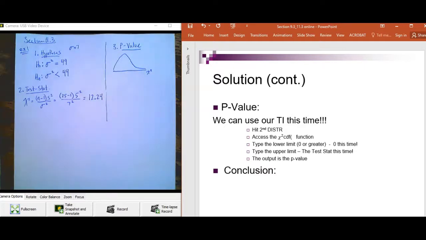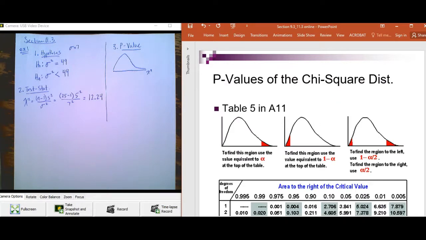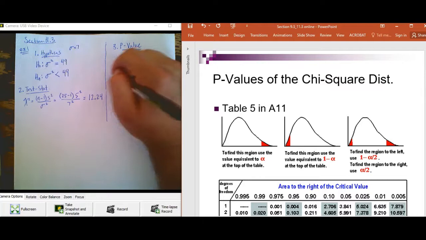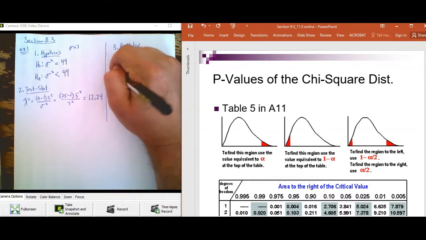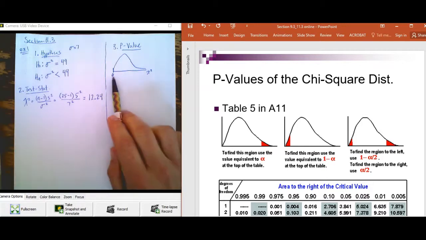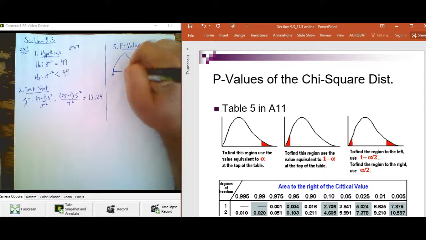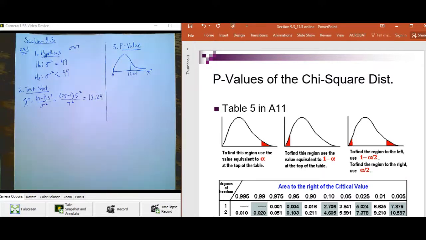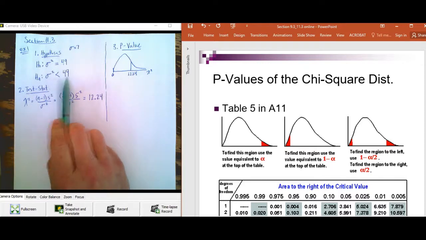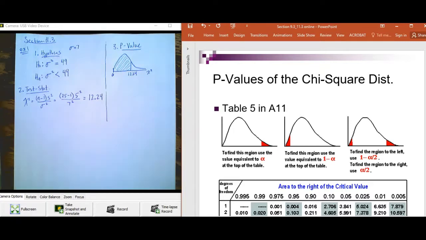If we look back, the chi-square distribution actually starts at 0, all the way at the left-hand side. 12.24 maybe is up here somewhere, and we are looking for the area to the left of that value. So it looks like our p-value is going to be pretty large this time.